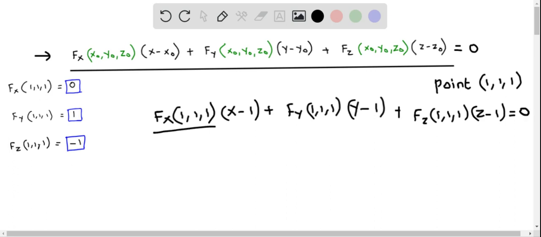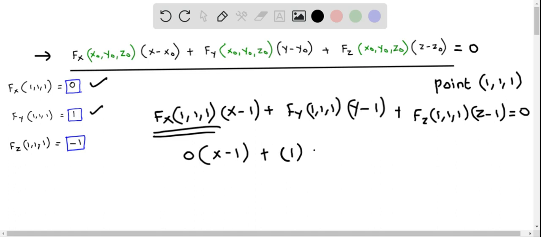So let's substitute f_x of (1, 1, 1), which is 0. So therefore this becomes 0 times (x minus 1), plus the next partial derivative, that is the partial derivative of f with respect to y at the point (1, 1, 1), which is 1.